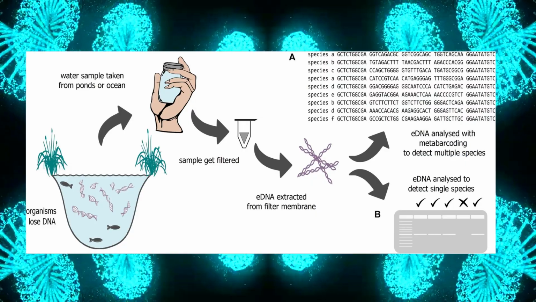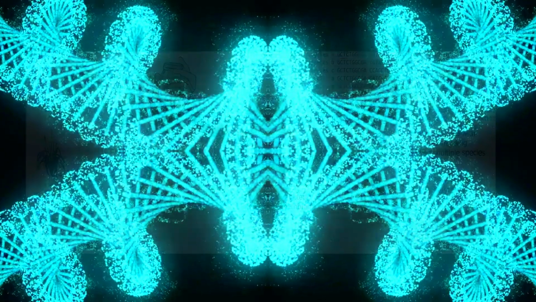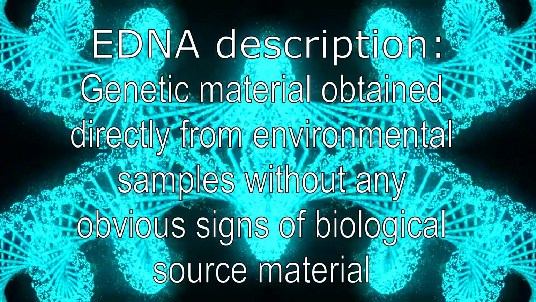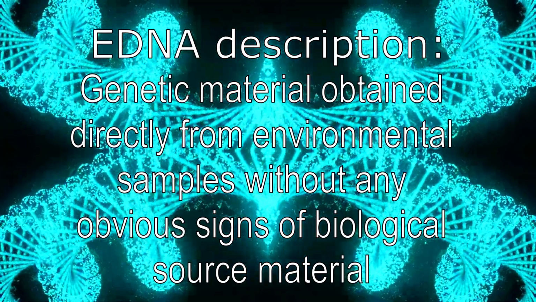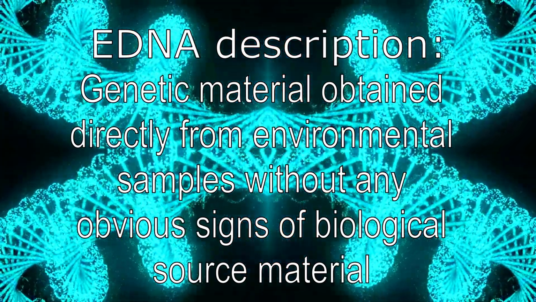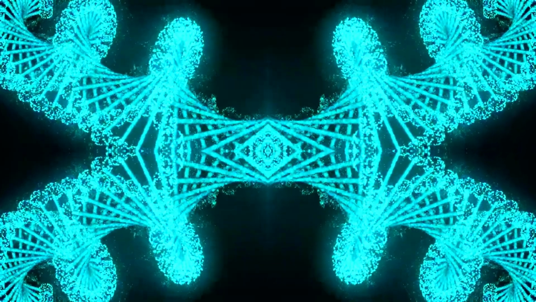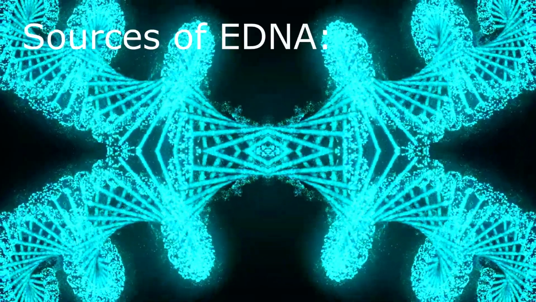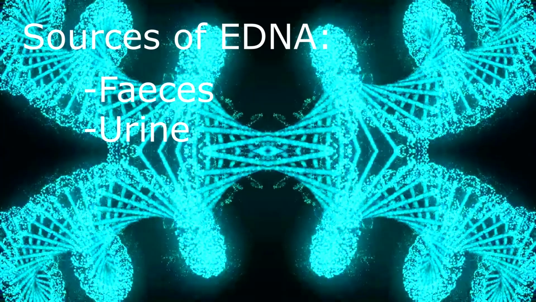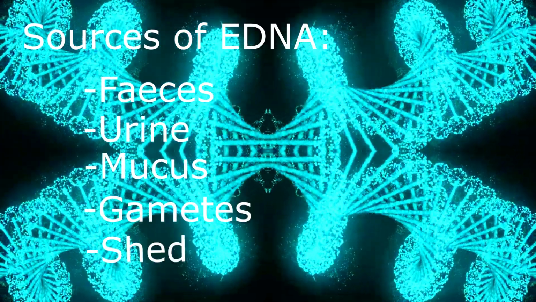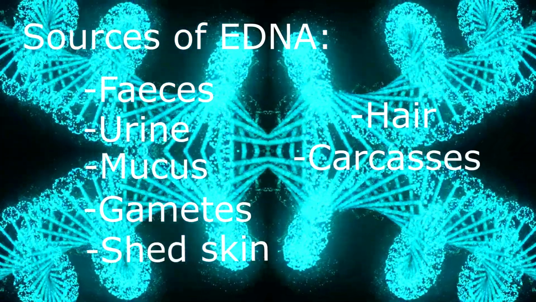Environmental DNA is formally described as genetic material obtained directly from environmental samples without any obvious signs of biological source material. Sources of eDNA include secreted feces, urine, mucus, gametes, shed skin, hair, and carcasses.